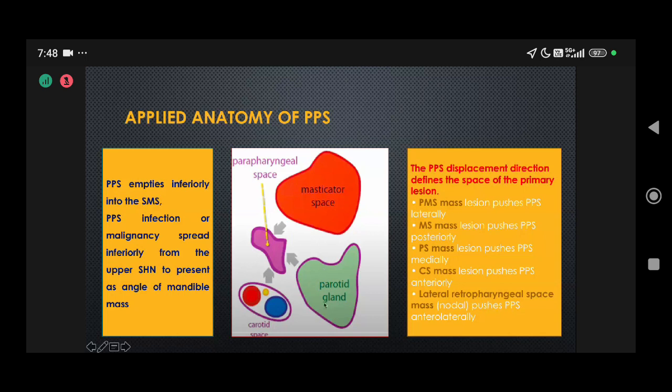If the lesion arises from the parotid gland, it pushes the PPS medially, and a carotid space lesion pushes the PPS anteriorly, while a lateral retropharyngeal space lesion, or an enlarged node of the retropharyngeal space, pushes the PPS anterolaterally. So please keep it in mind. This is very important, and it will give us a clue to the space of origin of the lesion.